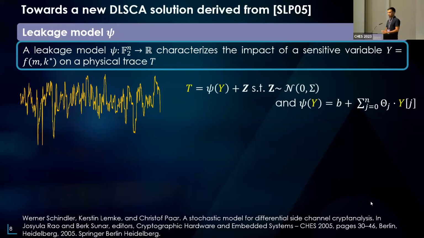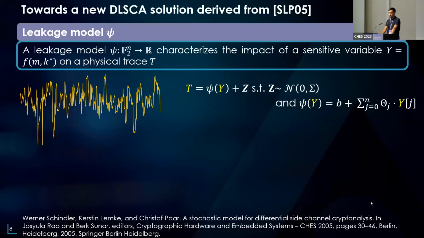The deterministic part is defined by the psi function, which is a linear combination related to the bits of y, and y defines the targeted sensitive variable. The other part, the physical noise, is assumed to follow a Gaussian distribution with unknown parameters 0 and sigma, where sigma characterizes a covariance matrix.